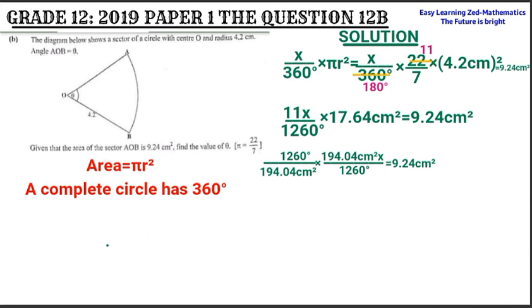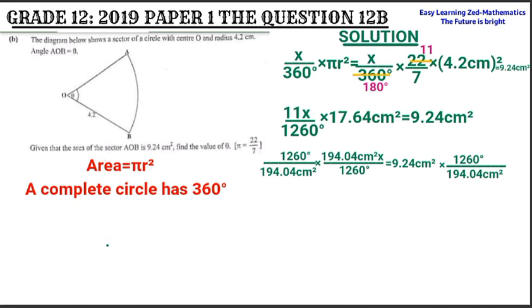Whatever I've done to the left side of the equal sign should also be done to the right side. So I'm going to multiply 9.24 centimeters squared by 1260 degrees over 194.04 centimeter squared. Now, on the left side, I can cancel out these numbers.